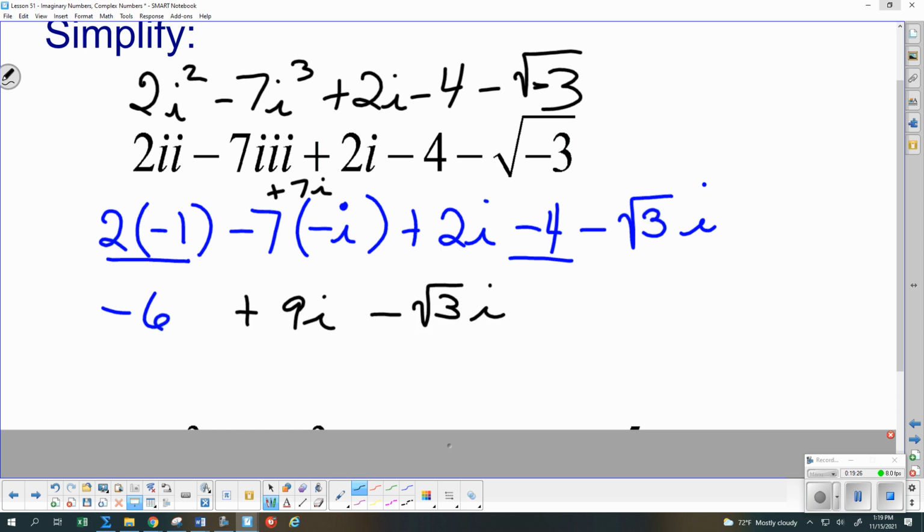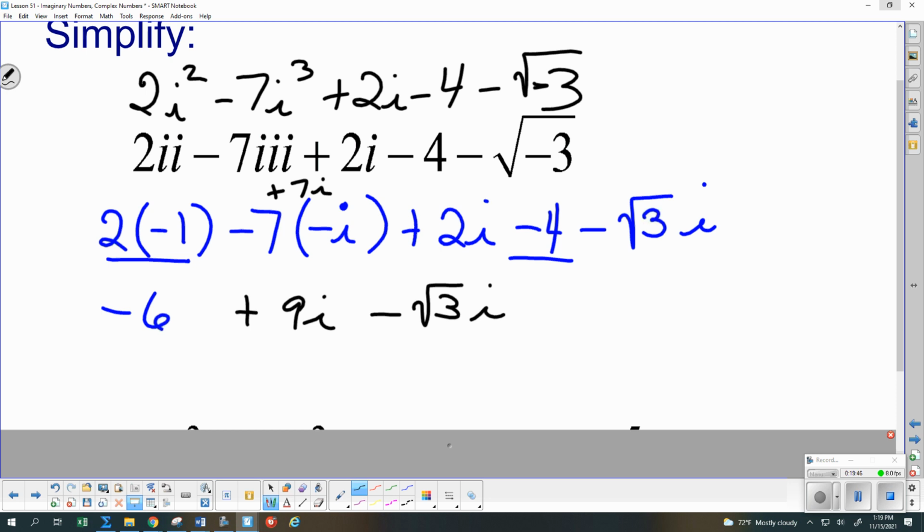And then I have that -√3i. The problem with this is I wrote i twice. And a complex number needs one real number plus one real number times i, not one real number plus something i plus something else i. But I can't just add the 9 and the -√3 in there.